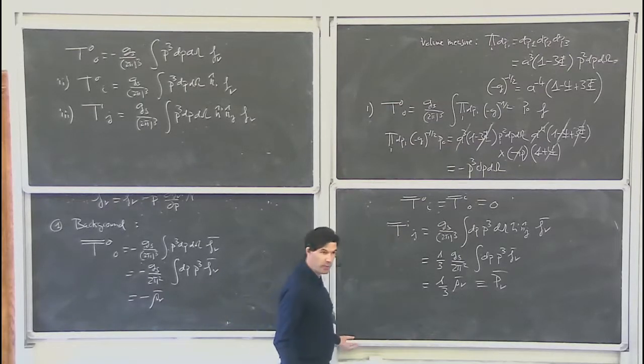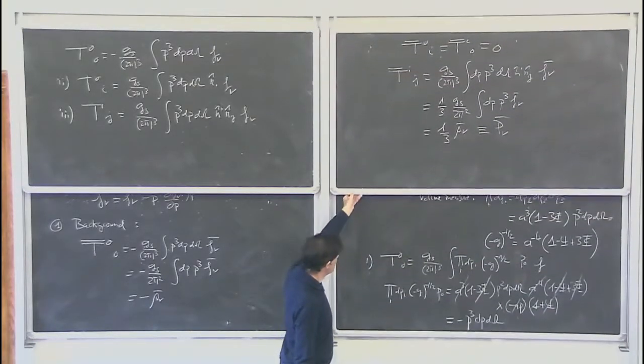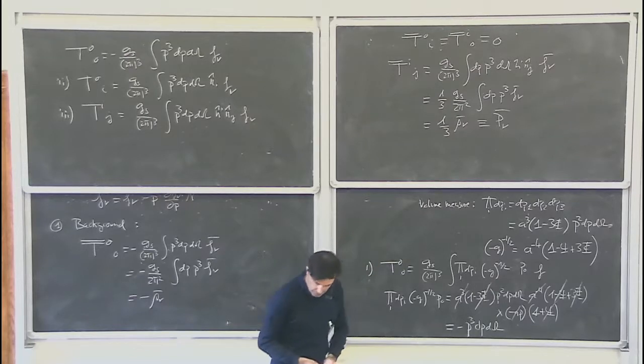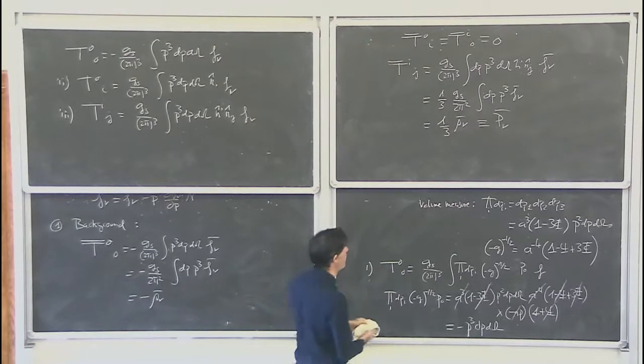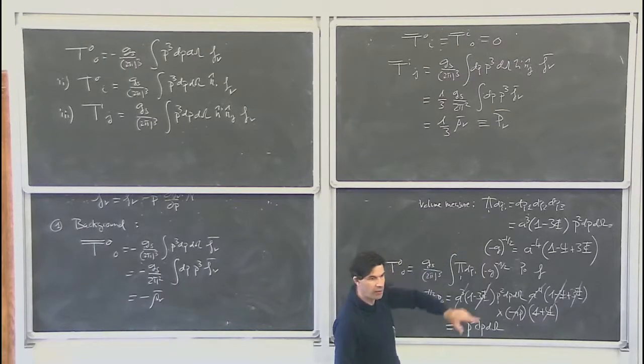So what about the perturbation now? The components of this energy momentum tensor. So let's look at them. Yeah, it's diagonal, so you have minus the density and then just the pressure.